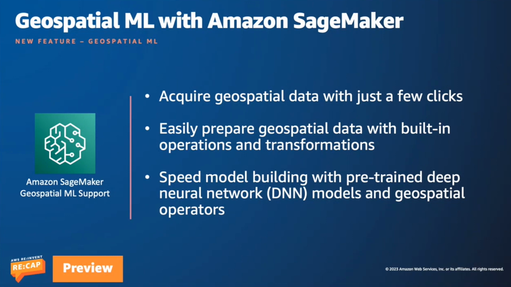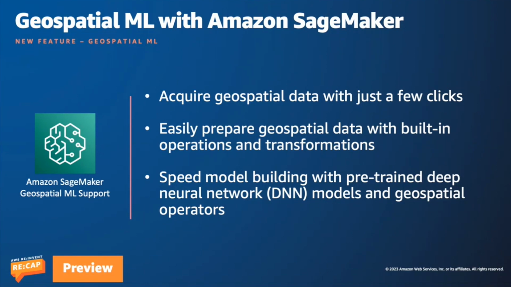But what happens is that if you wanted to make predictions from geospatial data using machine learning algorithms, there are a lot of challenges that include acquiring and accessing high quality geospatial data sets, preparing massive geospatial data. You eventually need some specialized tools to visualize this geospatial data.